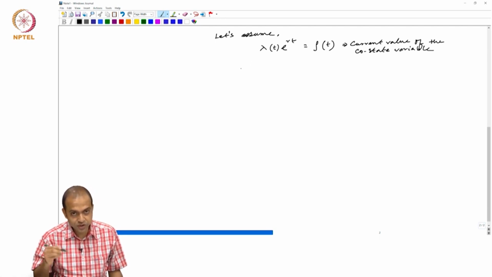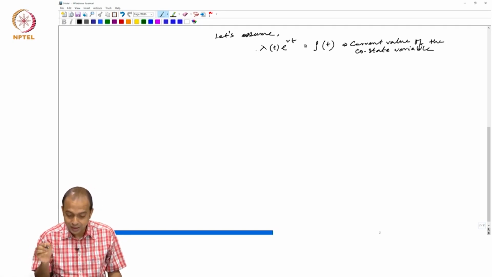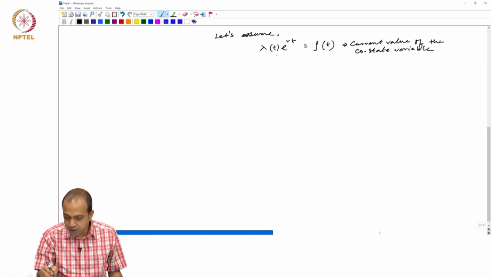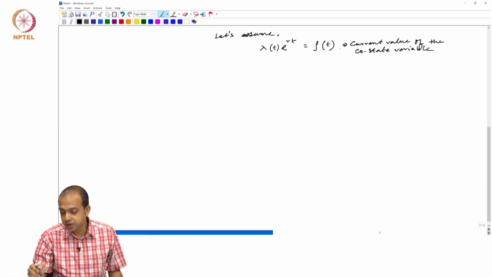If you preserve the state variable, the stock, then what is the benefit? Since lambda t was attached with the state variable x t, that is why this lambda t is known as co-state variable. Since we are multiplying this co-state variable with e to the power r t, we said that rho t is basically the current value of the co-state variable.